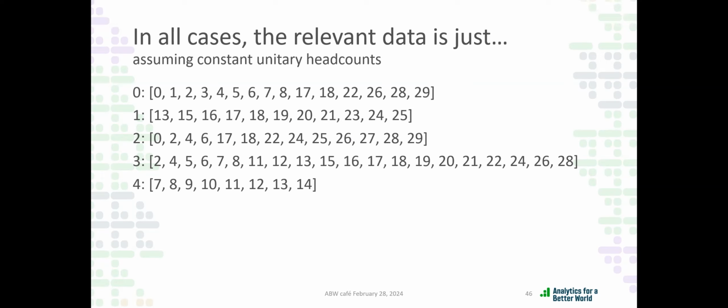And I have here a representation which is just data with indices, very anonymized. 0 to 4 are the potential facilities, 0 to 29 are the households, and I have these lists. And an algorithm that could actually find the best selection of lists that yield the highest union of the numbers in it is what we are seeking.